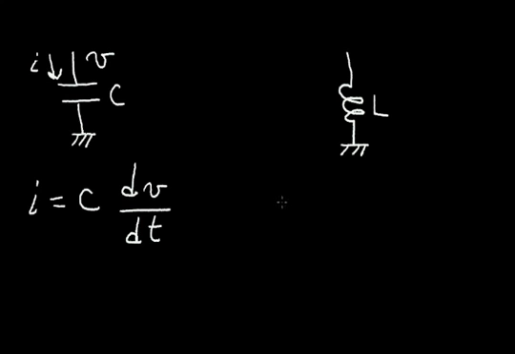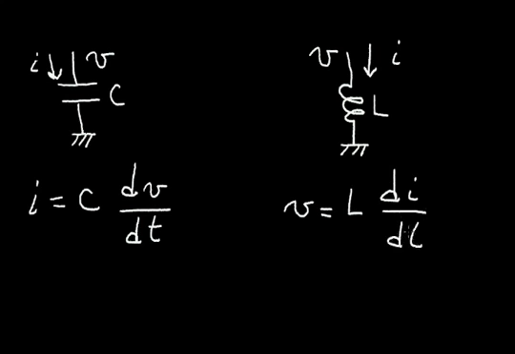If I take the inductor, I want to do a similar thing. I want to find an equation for the voltage across the inductor versus a current I through the inductor. The equation is V equals the inductance times dI dt.